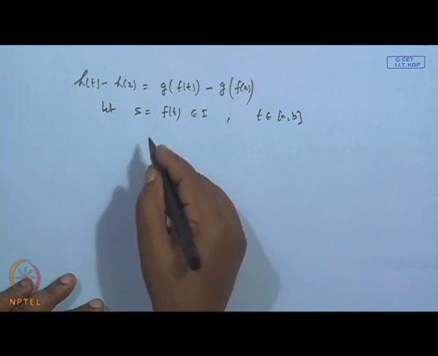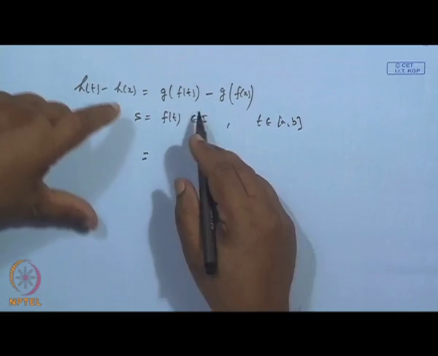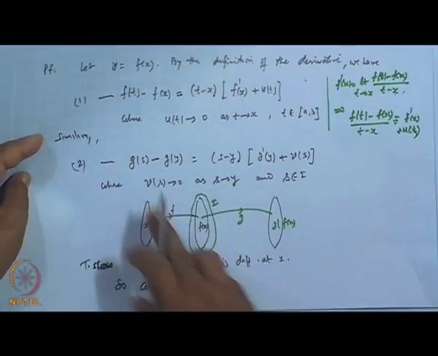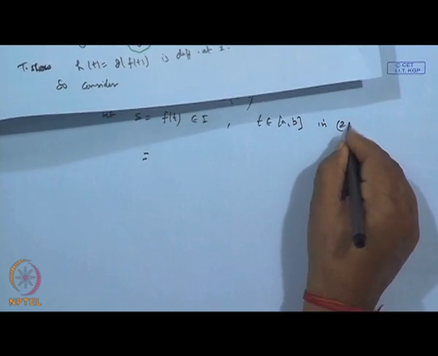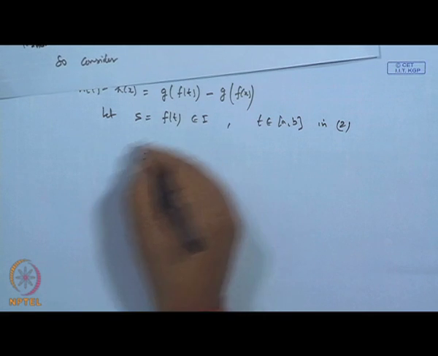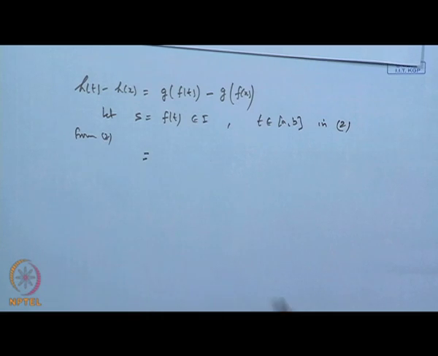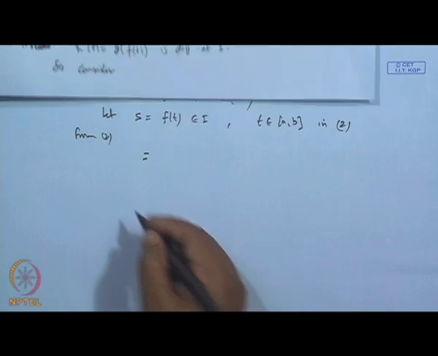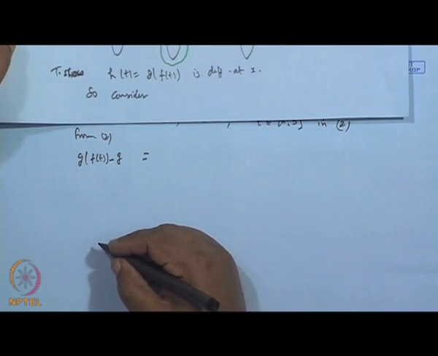So when you replace s by f t, what you are getting is g of f t minus this. Now let us see, if I replace this in equation 2, from equation 2 what we get is g s minus g y. So g s minus g y is g of f t minus g y, and g of y means g of f x.